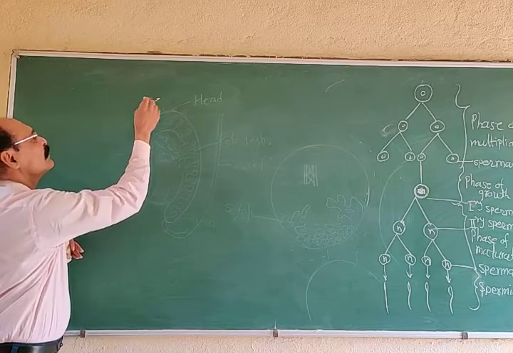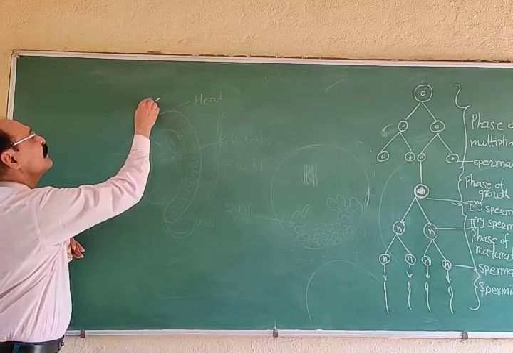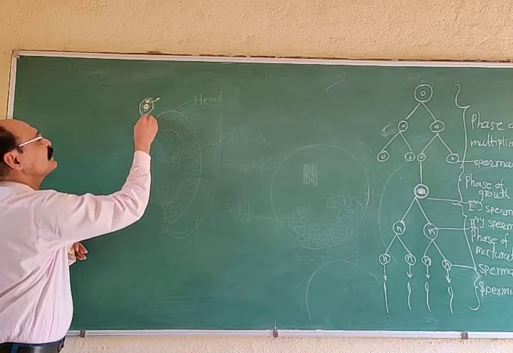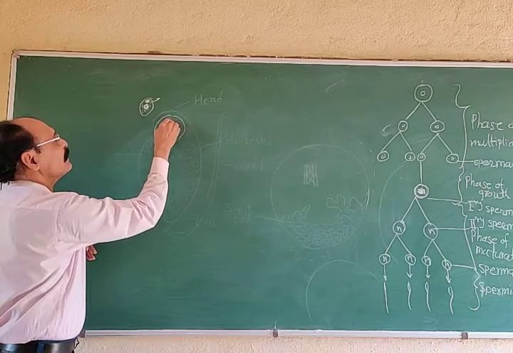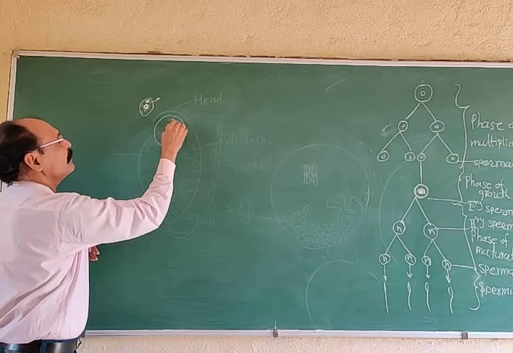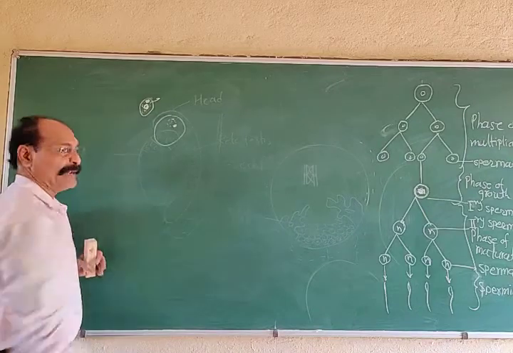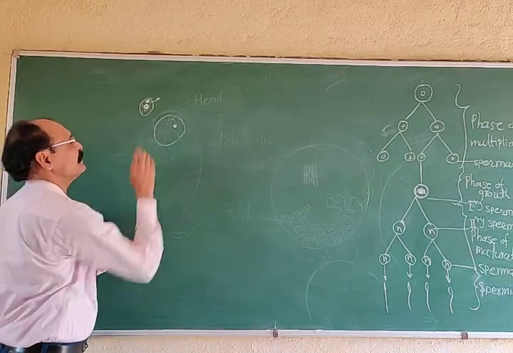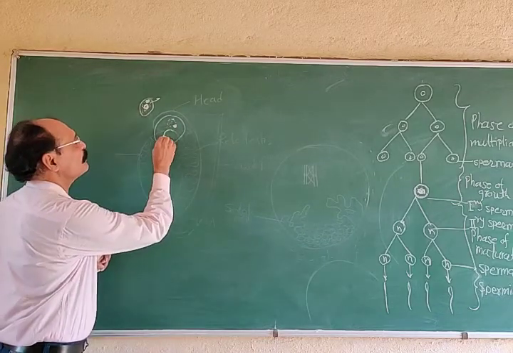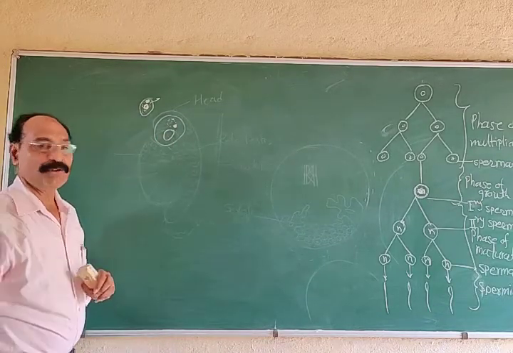The Golgi complex starts to secrete material around, and a vacuole is formed, and a granular structure is seen at the top of the nucleus.